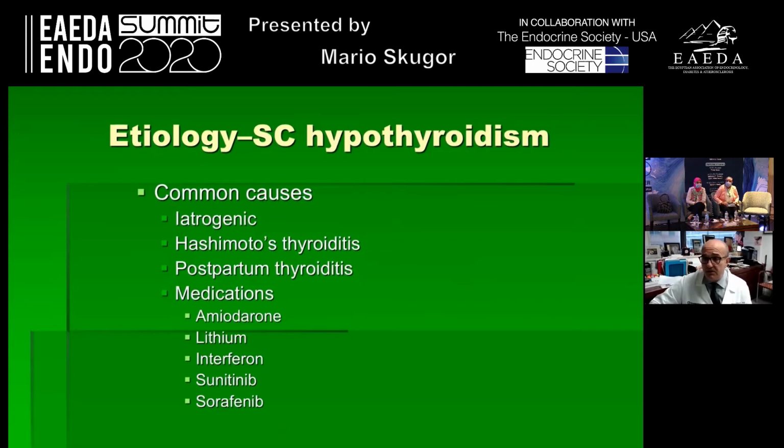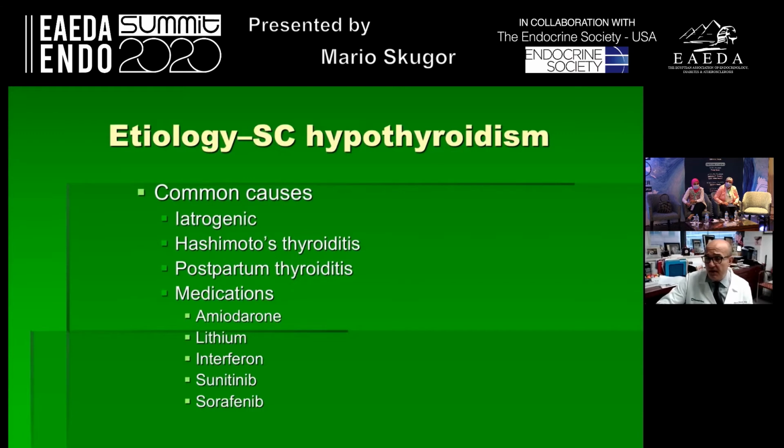And then medications. Some of the medications are clearly associated with the development of thyroid disorders, and in some cases those are going to be subclinical. Most commonly, we see this with amiodarone and lithium, interferon, which is actually less used nowadays, sunitinib or sorafenib, which are tyrosine kinase inhibitors used in the treatment of malignant diseases.